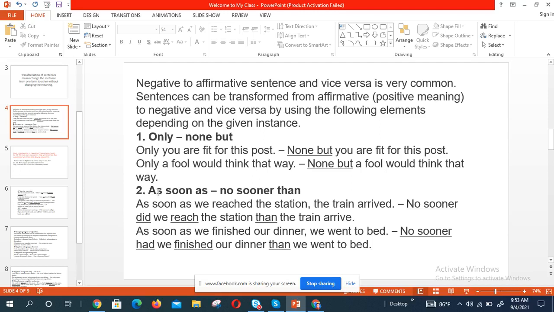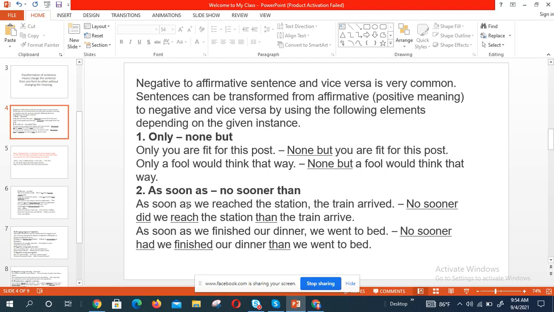In the second rule, you see as soon as. If you have a sentence with as soon as, then we have to convert it by using no sooner than, no sooner had than, in this way. As soon as is a positive or affirmative word.